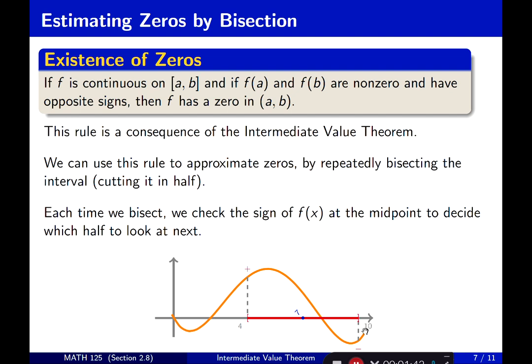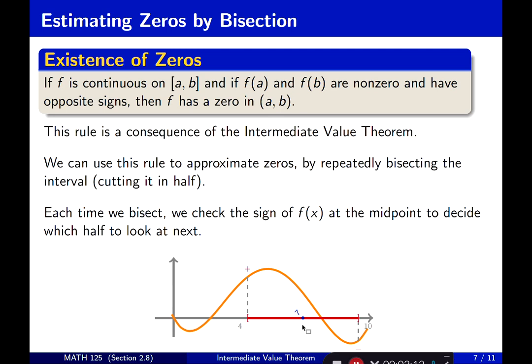So let's say this is the picture. We start with interval a and b, where a is 4 and b is 10, and we realize that f of a is positive, f of b is negative, and so this is an interval that contains a 0 according to the intermediate value theorem.